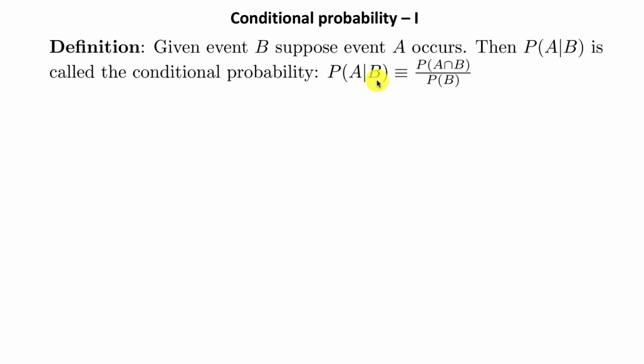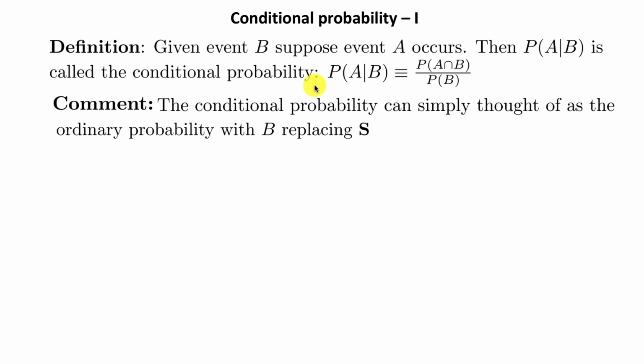So if B has already occurred, then what is the probability that A will occur? The easiest way to think about this is that the conditional probability is just the ordinary probability with the set B having replaced the sample space S.